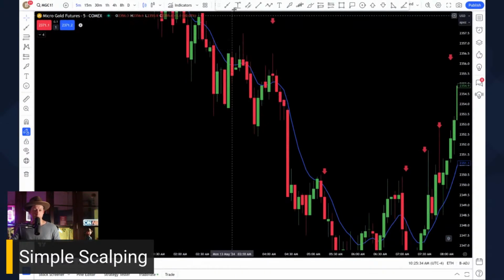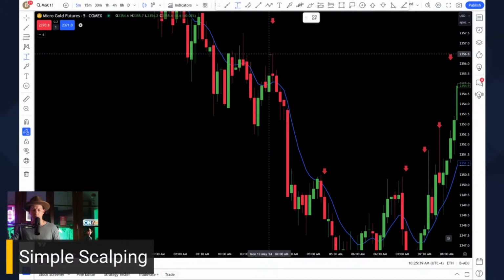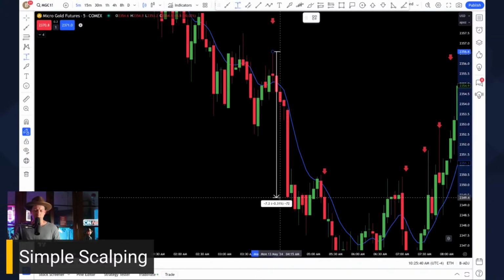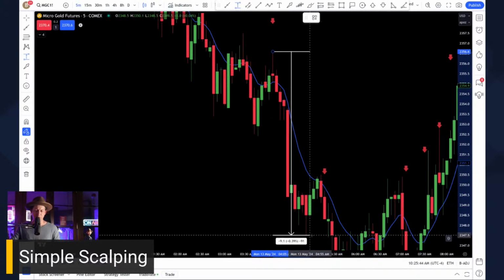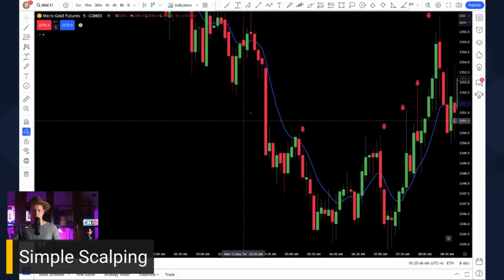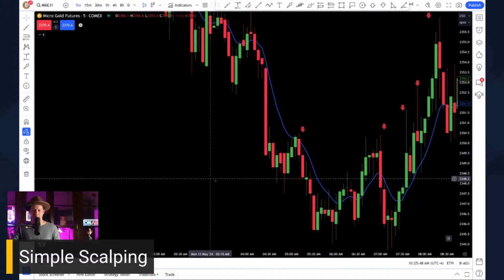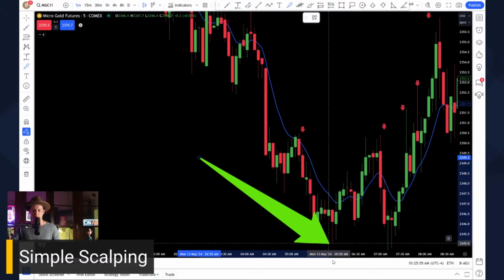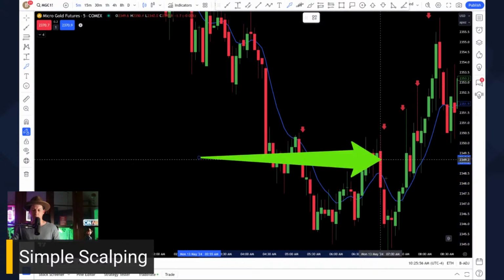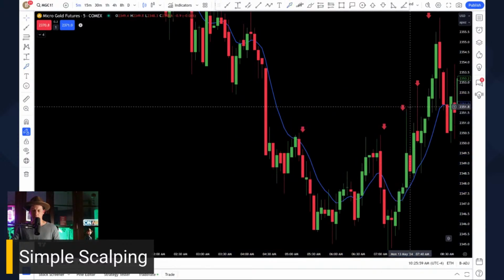Some of these are pretty big, y'all. This guy, just under 100 pips, depending on where you got in and out. Price comes up again. Boom. All the way down. Comes up again, down, up, down, up, down.